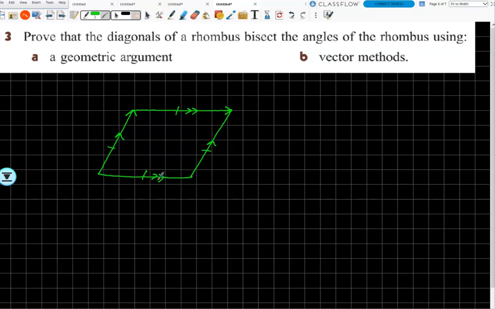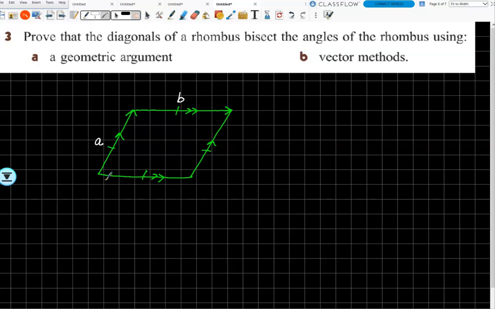And so we could call this one A and this one B, and then the other vectors are obviously, if we added a length here, minus A, and that one would be minus B. Is that okay? By the way, I'm going straight to the vector methods for this.